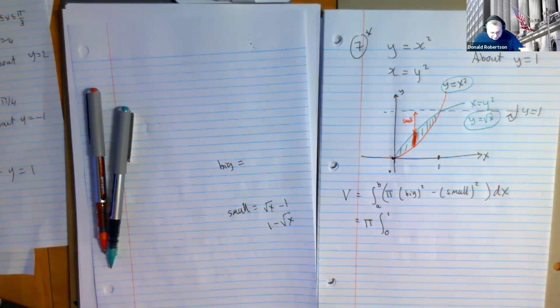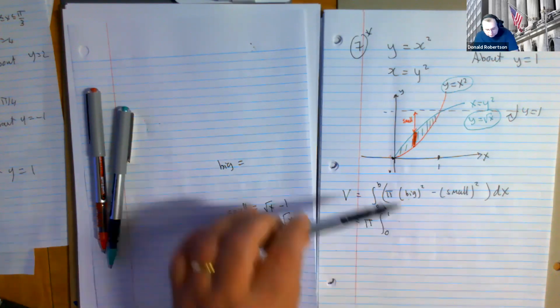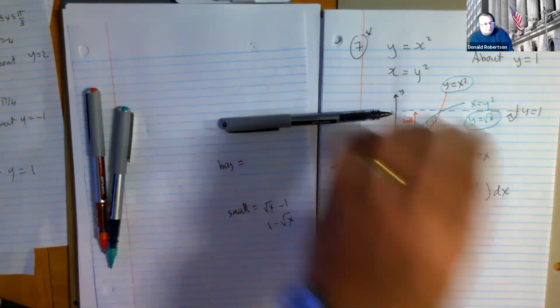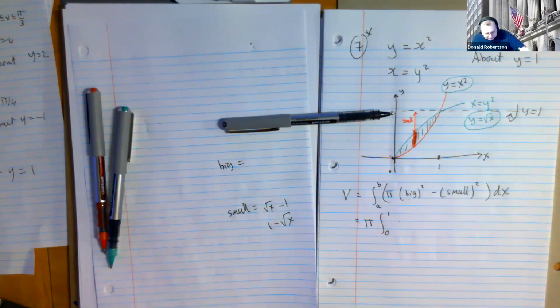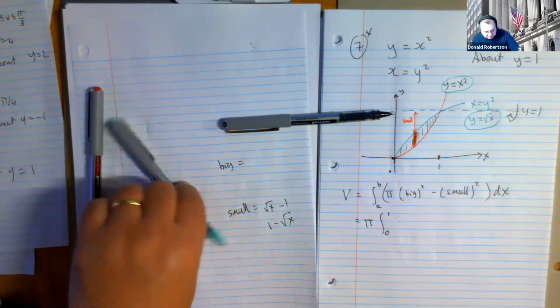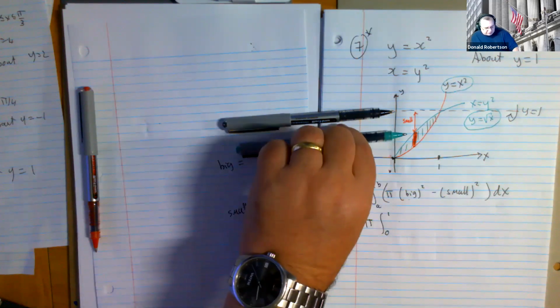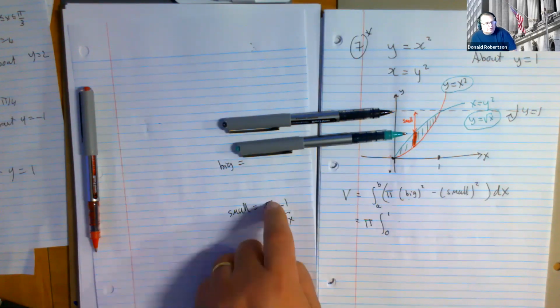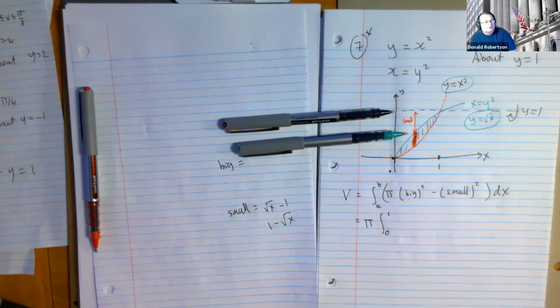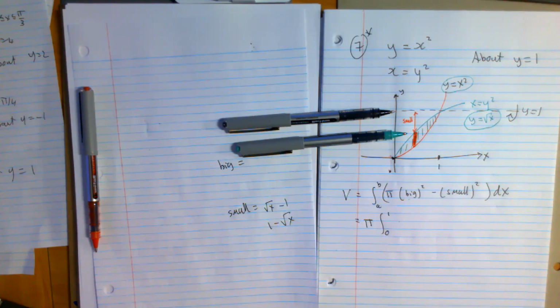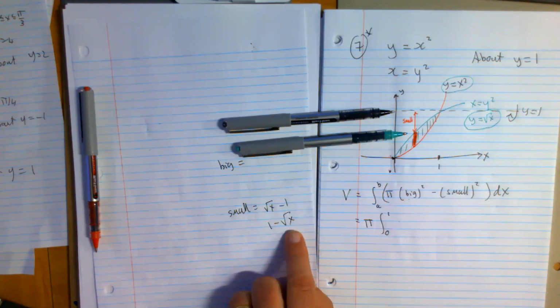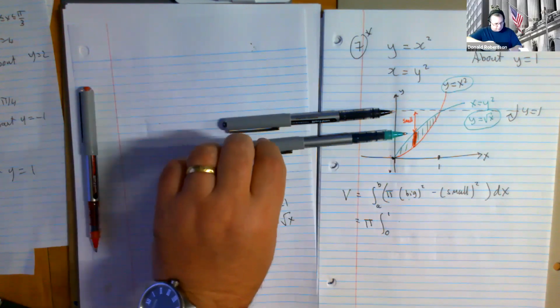So let's see which is more likely. Would you agree that the 1 is bigger because it's higher up, and that the square root of x is a little bit lower? So does that give you an idea of which of these would be the more realistic for a distance? Yeah, it should be 1 minus the square root of x. Agreed? Highest up, lower down.